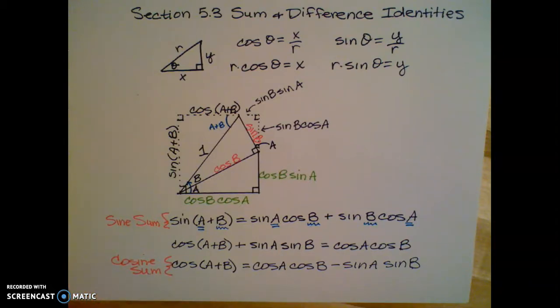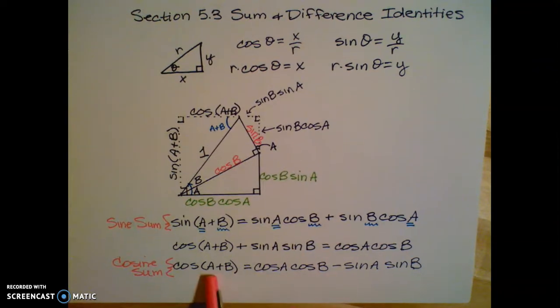Now look at the difference between the sine sum and the cosine sum. Remember here we had the sine of A plus B gave us the sine of A times the cosine of B, where we're multiplying a sine and a cosine together. Different angles, but still multiplying the sine of A times the cosine of B. Notice the difference here with the cosine sum.